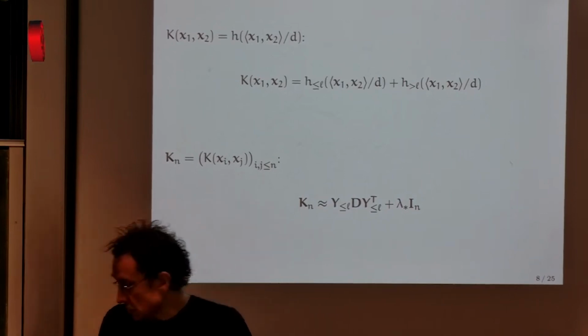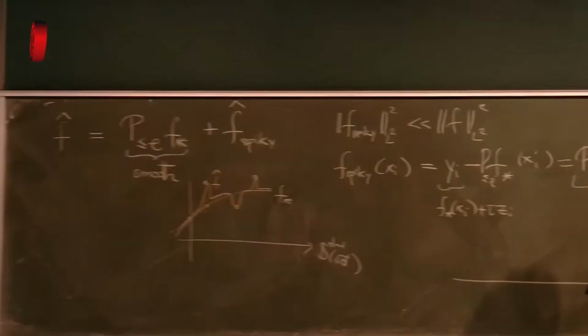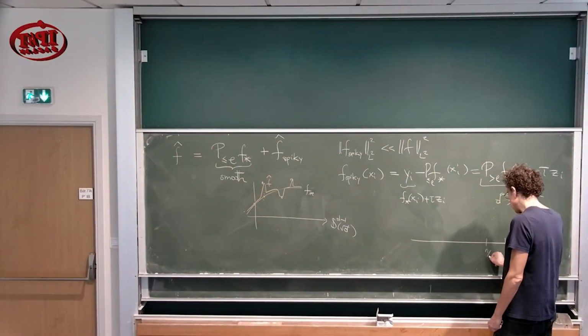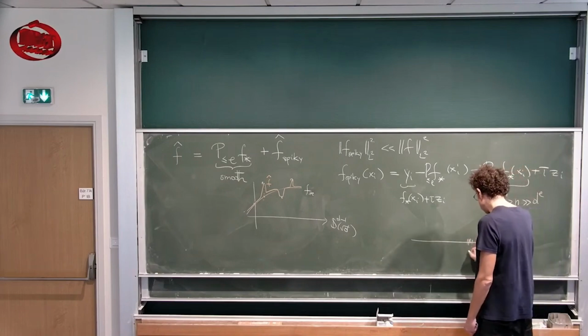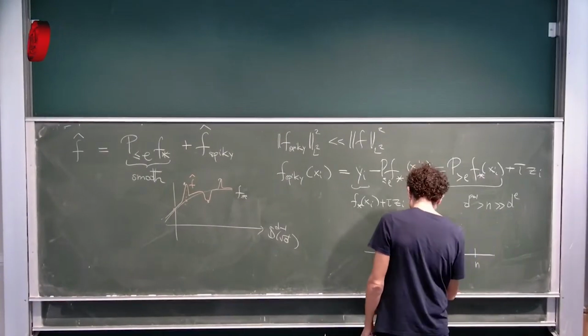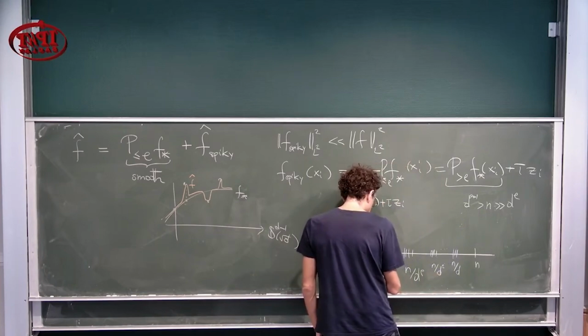Okay. So the eigenvalues, as I mentioned, n is much bigger than d to the l, and smaller than d to the l plus 1. So what happens is that there is one eigenvalue that is 1, then there is a block that is n over log of the p, a block that is n over p squared, a block that is n over d to the l, and all the others are of order 1.